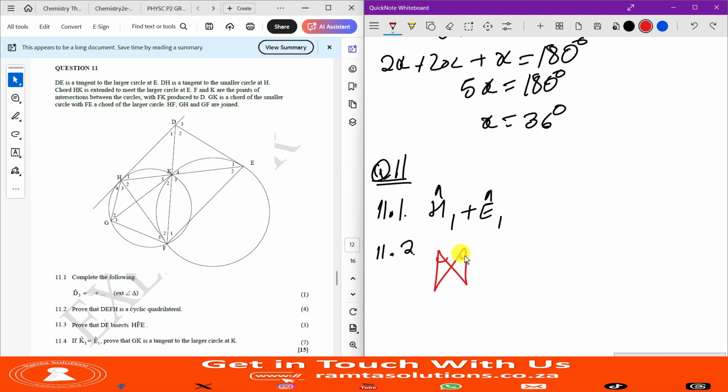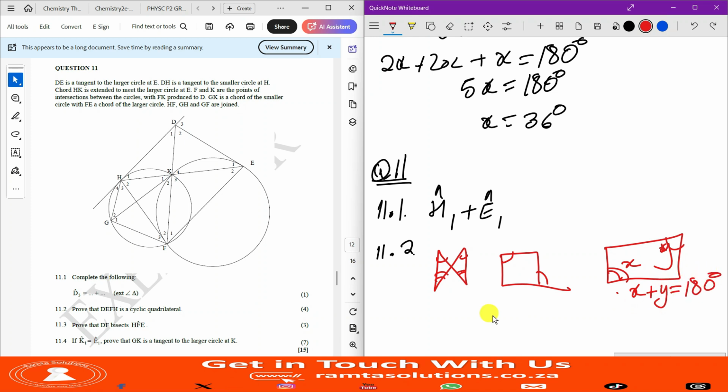If this angle is equal to this one, or this one is equal to this one, or if this plus this are equal to, let's say this is x and this is y, if x and y equal 180 degrees, then we can say it is a cyclic quad.